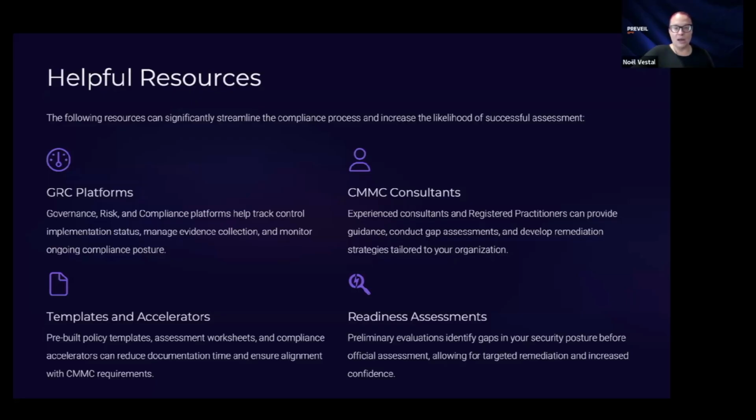But again, totally optional. CMMC consultants, there are tons of them out there that can help you. There are registered practitioners and there are CMMC certified professionals, and also people like me, certified CMMC assessors who are also just working as consultants as well. It's important to choose somebody that makes sense for your organization, who has experience with what you specifically may be dealing with, whatever unique challenges your organization has.